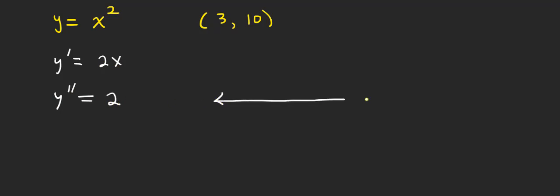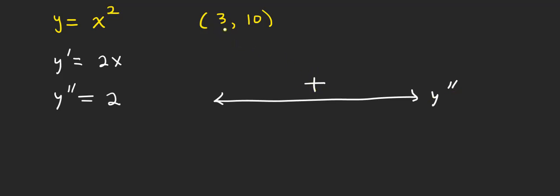So let's take a look at the y double prime chart, and you try to set it equal to 0. However, everything is positive. No matter what x is, y double prime is always positive. So this implies that y equals x squared will always be concave up because y double prime is positive.